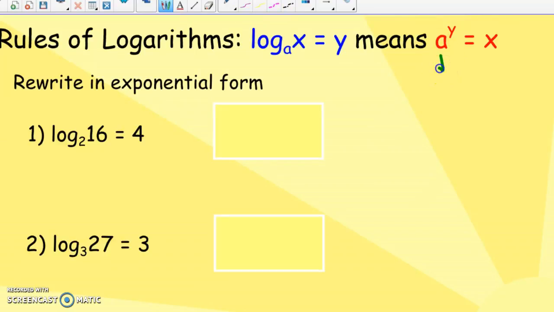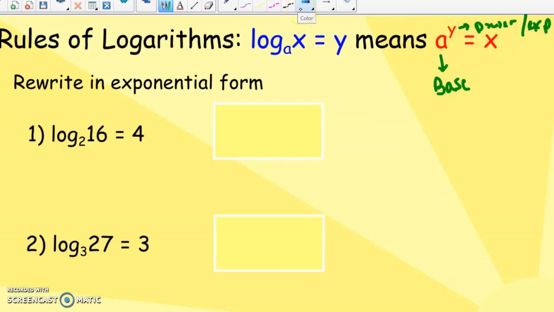This a, the number that's being taken to a power, is called our base number. The y is our power or our exponent. And then the answer that we get when we evaluate that exponent is our x.